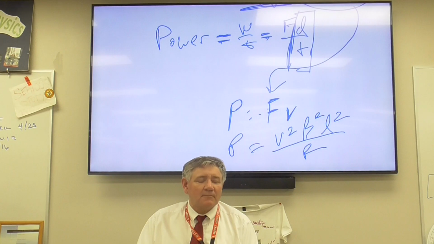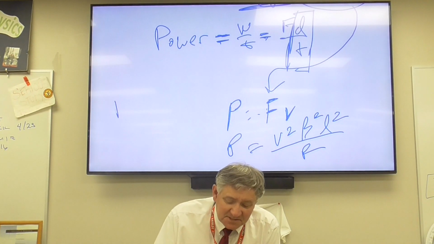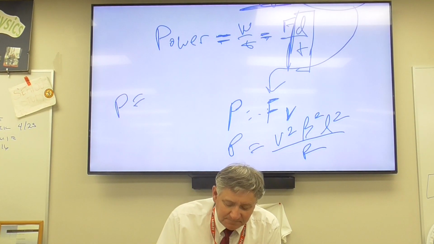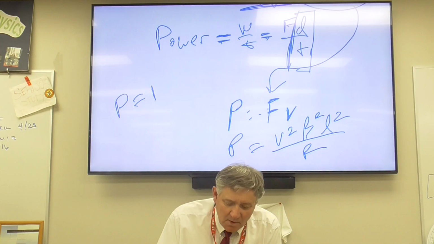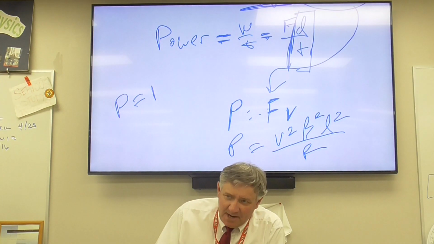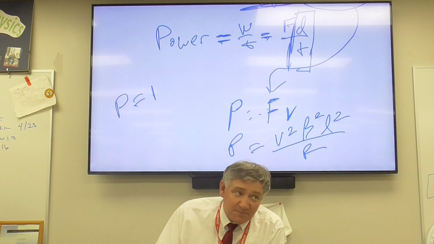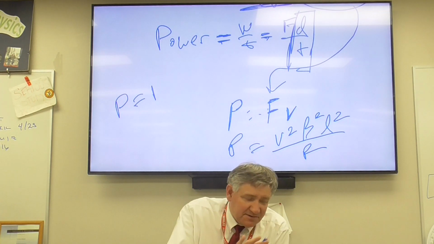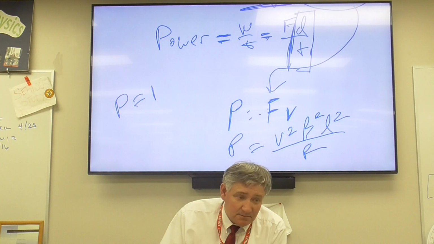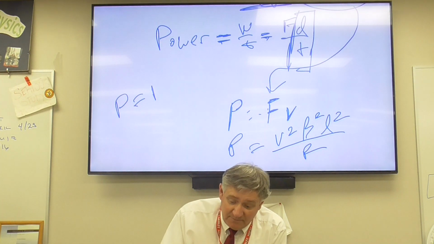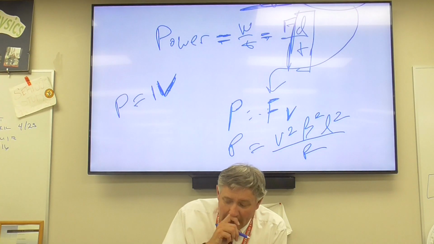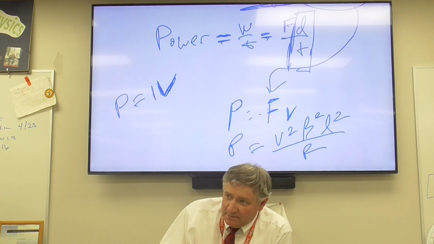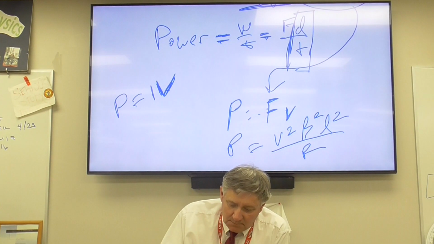Now, let's go even farther back. What's the simplest way to calculate power in terms of an electric circuit? What's another way that you can write power? I squared R, which does make sense.